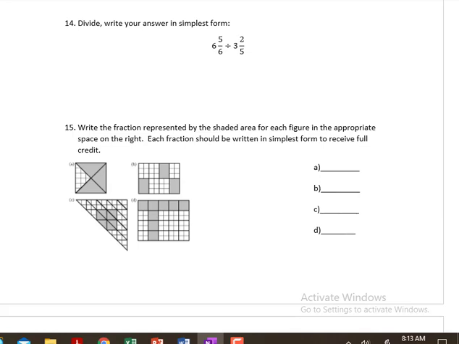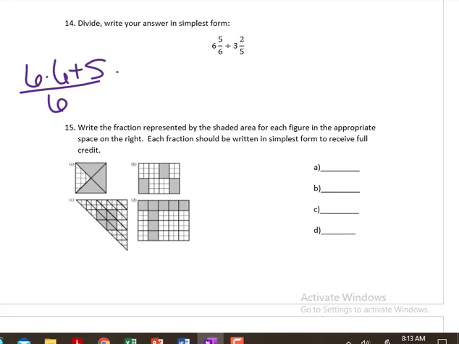Number 14, divide. Write your answer in simplest form. And we start with mixed numbers. So what I need to do first is to write each mixed number as an improper fraction. So for 6 and 5/6, to get that into an improper fraction, it will be 6 times 6 plus 5 over 6.